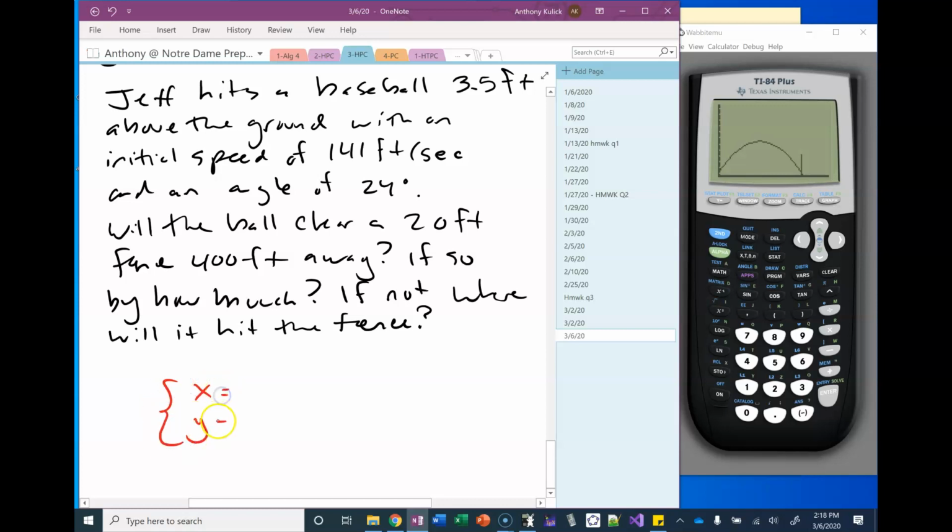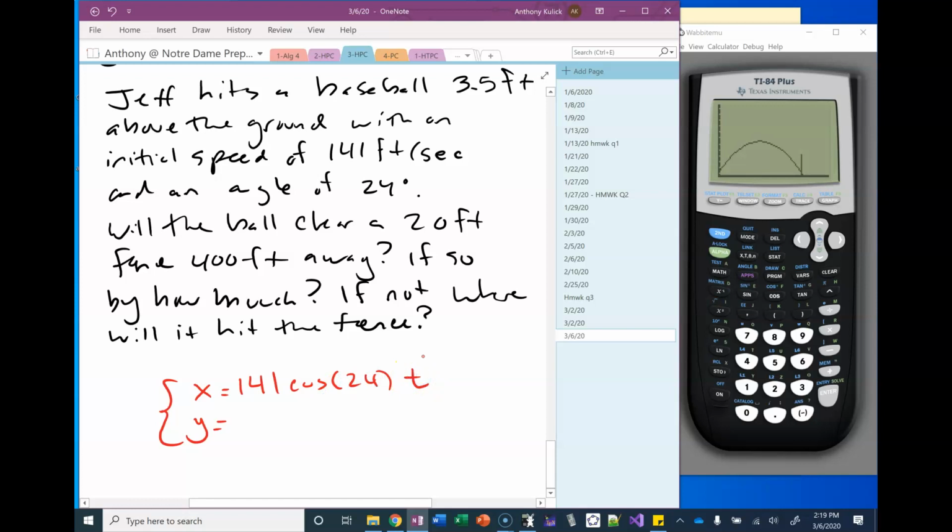So, let's set this up almost exactly the same way as the previous problem. So what am I going to write for my x equation? X equals what? Who can tell me? x = 141 cosine 24 t.